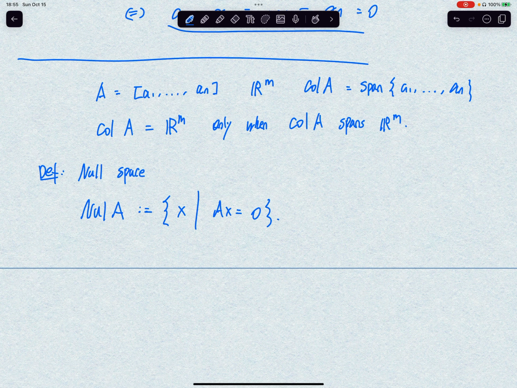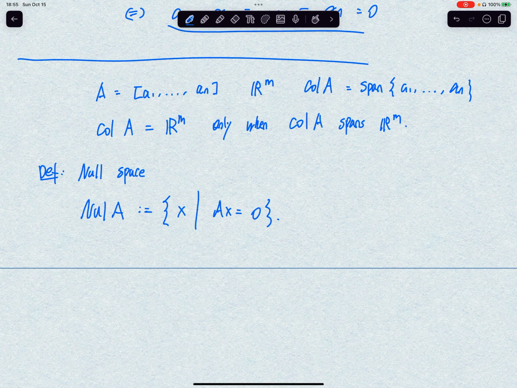So when A has n columns, the solution of Ax equals 0 belongs to Rn, and the null space of A is a subset of Rn. So yes, null space and column space are both subspaces if our underlying number field is R.